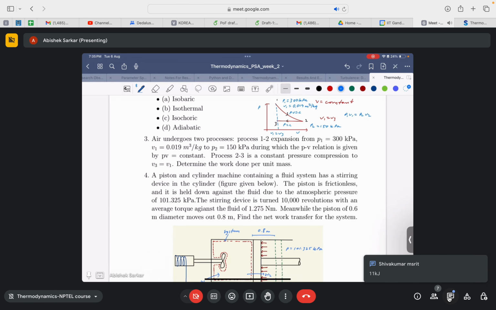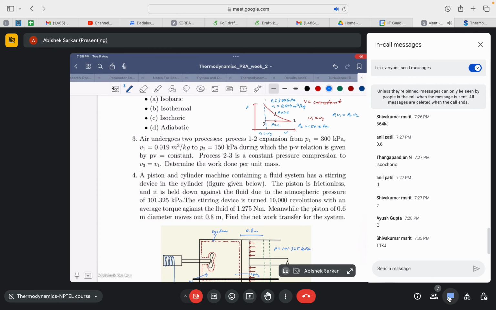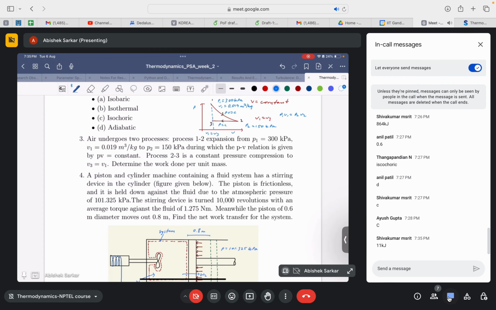And then 11 kilojoule. Okay, we have our first answer. 11. I would suggest that you check the units, specifically the decimal points. Okay, I'll wait for 1 more minute.